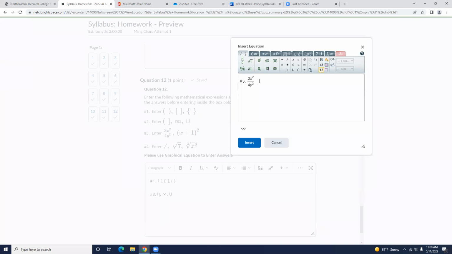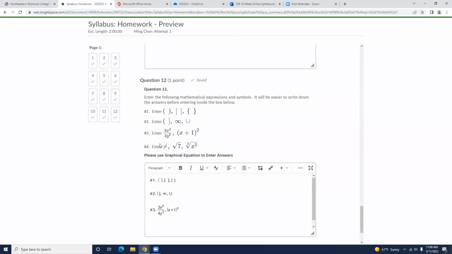I can use the right arrow key on the keyboard to come down from the exponent and press it one more time to put the cursor beside the fraction, or you can just click on it, either way. Space, then (x plus 1) whole thing squared. I start out with a parenthesis and type x plus 1, move the cursor to the outside of the parenthesis, and add the exponent squared. There you go.